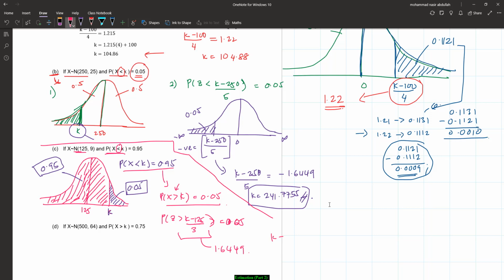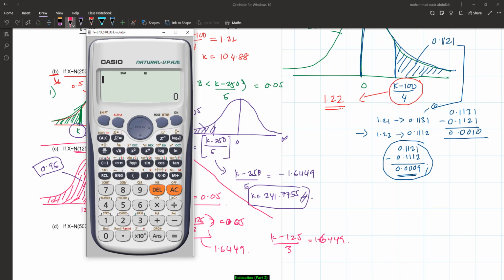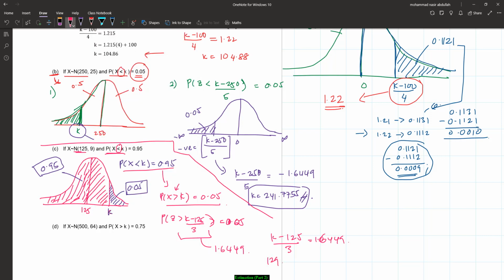So we can say K minus 125 divided by 3 equal to 1.6449. Then we can calculate the value. 1.6449 multiply with 3 plus 125 is 129.935. Right? So this is the value of K. Very simple.